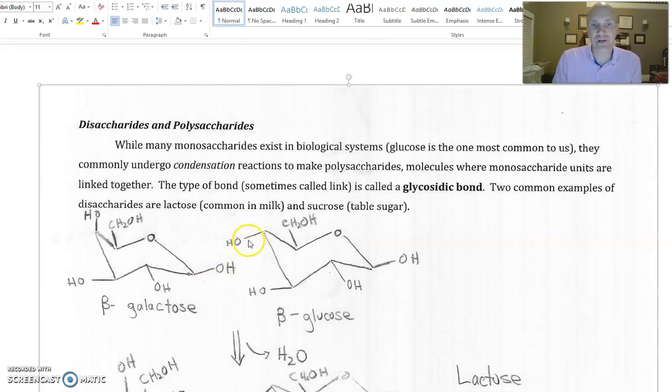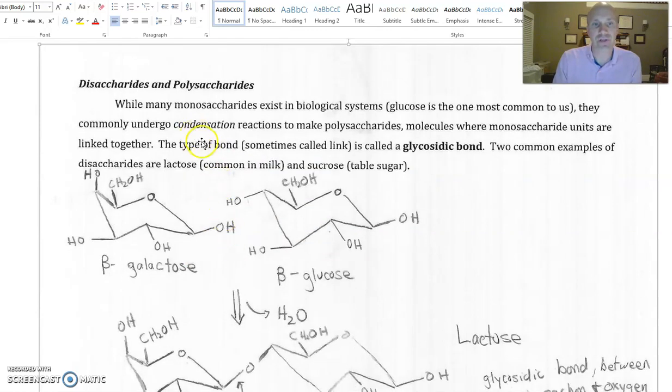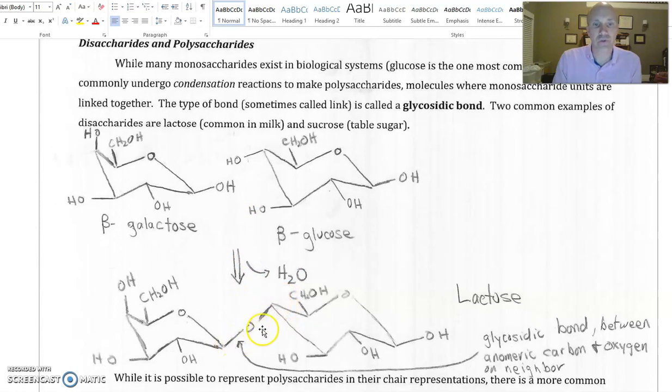These guys right here are going to get linked together in what's called a condensation reaction. The reason it's called a condensation reaction is that when these join, it's going to get rid of a water molecule. When these guys join together, you'll notice there's just one single oxygen atom that connects the two rings, whereas before there were two OHs. So somewhere we've lost an H from one and an OH from the other.